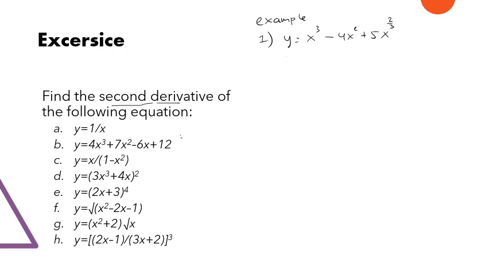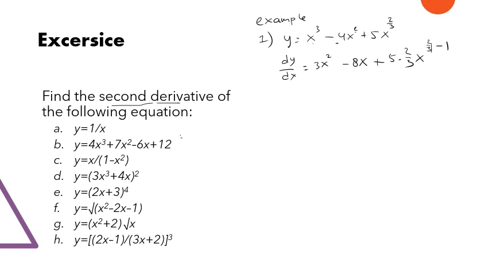Okay, now the first derivative is dy/dx. Derive this: 3x squared minus 4, 2 goes to the left here, so it becomes 8x, plus 5 times 2/3 x^(2/3 minus 1).